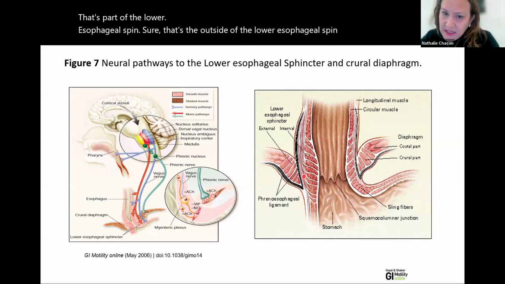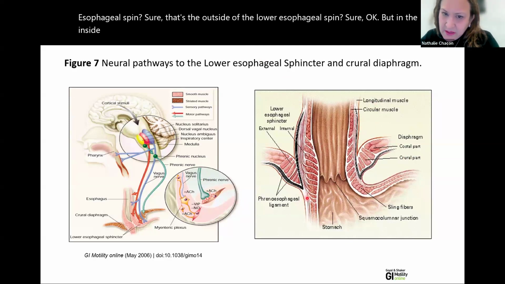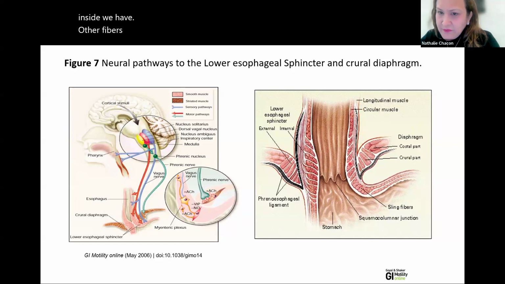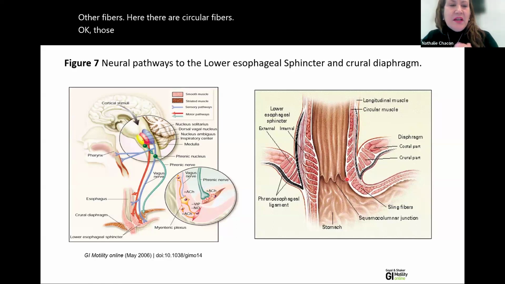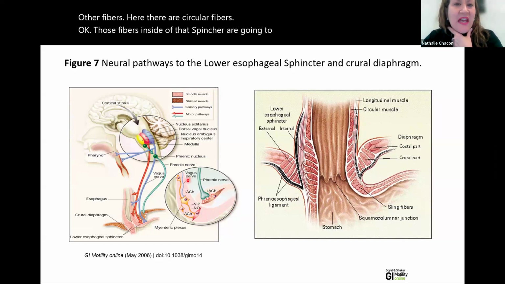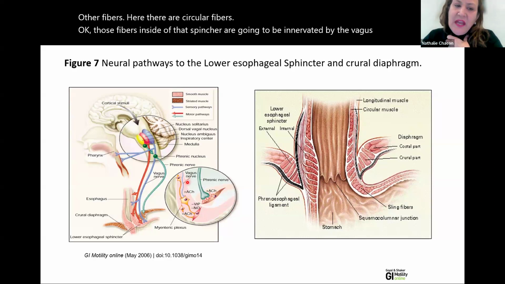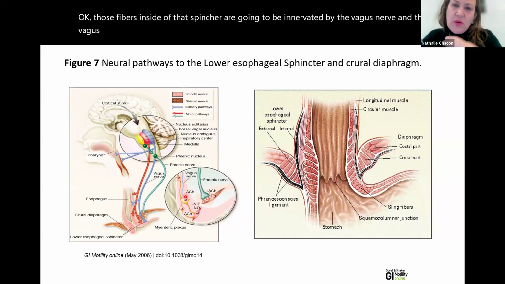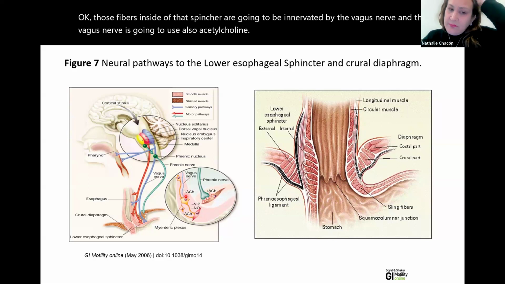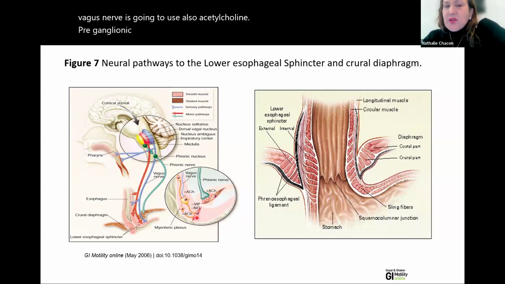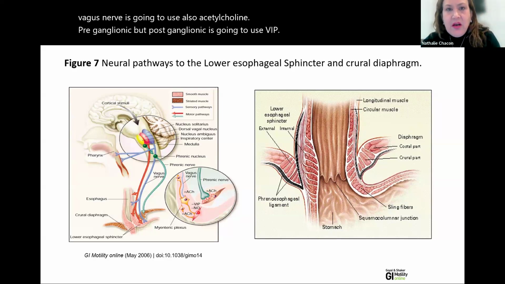But on the inside, we have other fibers here that are circular fibers, okay? Those fibers inside of that sphincter are going to be innervated by the vagus nerve. And the vagus nerve is going to use also acetylcholine, preganglionic, but postganglionic is going to use VIP and nitric oxide.